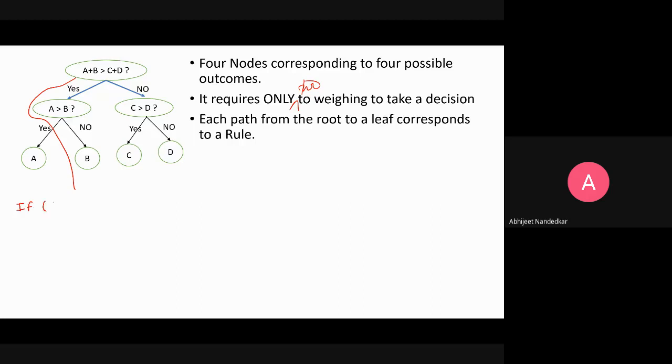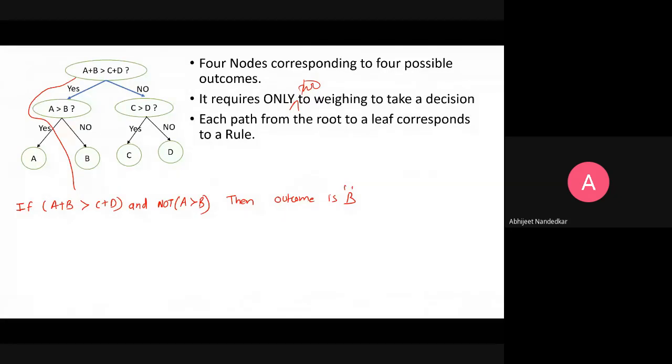If A plus B is greater than C plus D and A is greater than B, so the answer is no, then what we have to see, we have to say is, and I have to apply now not here operator, A greater than B, then outcome is B. So B is the heavier one amongst three.